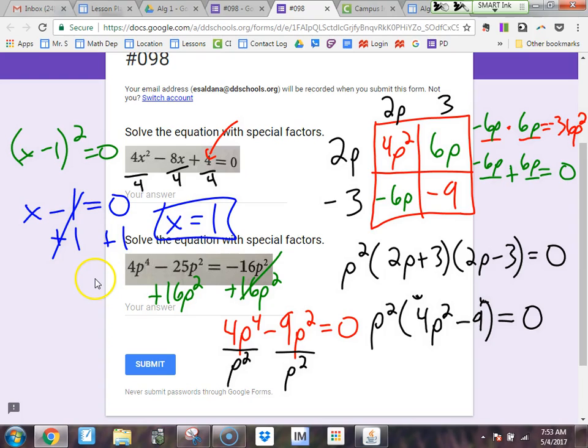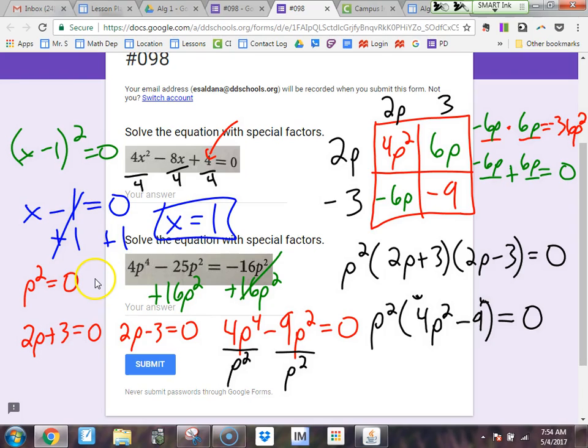With this problem, the p squared that I divided out, the GCF, is important because it has the variable. So I'm going to set p squared equal to 0. I'm also going to set 2p plus 3 equal to 0, and 2p minus 3 equal to 0. And I'm going to solve each one of these to get my final answers.